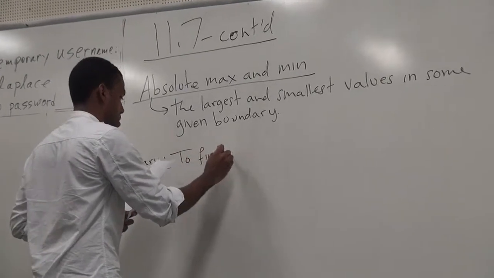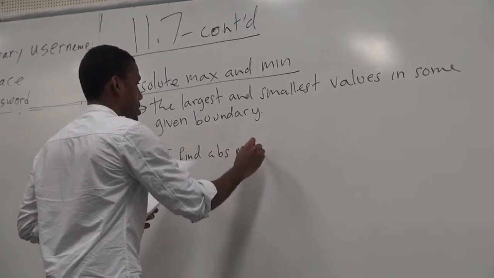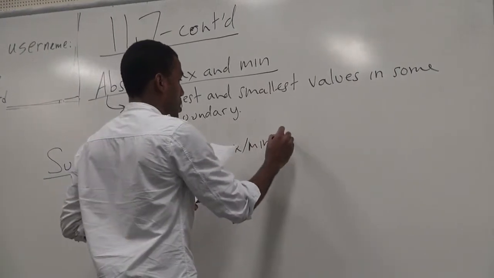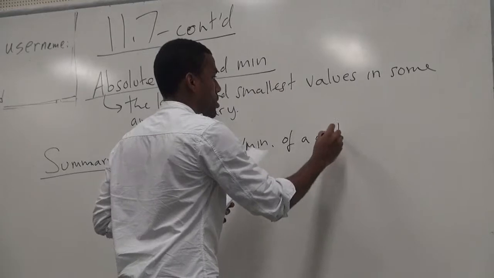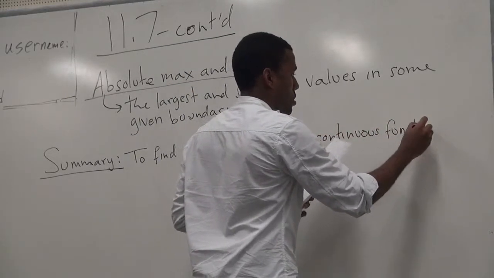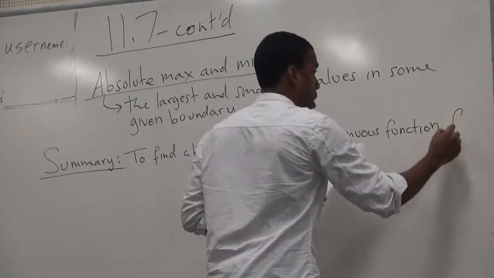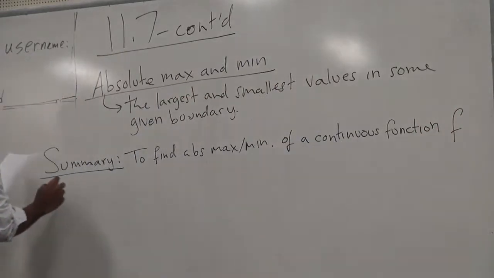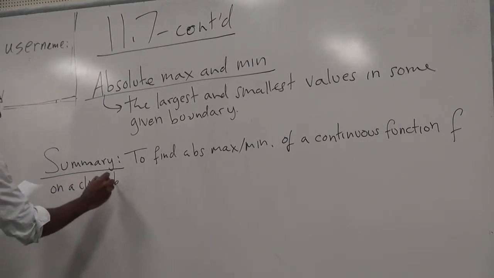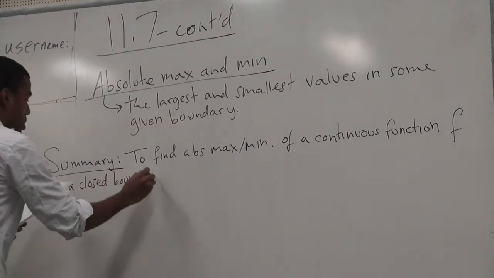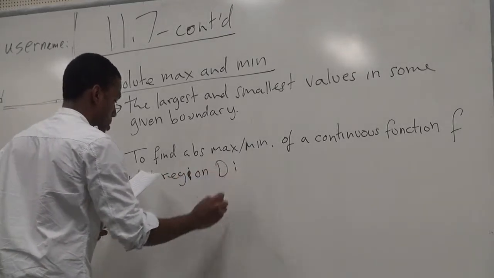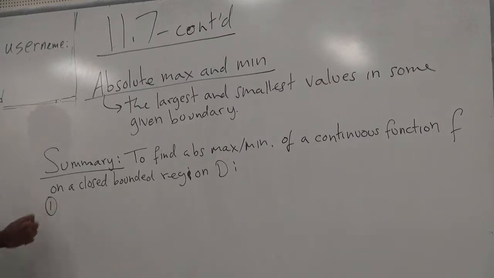Find the absolute max and min of a continuous function f on a closed bounded region. 1.